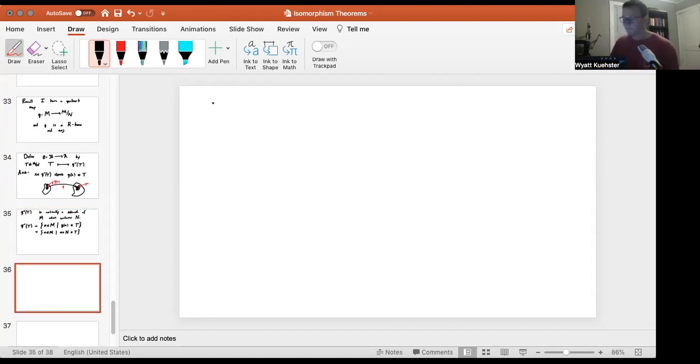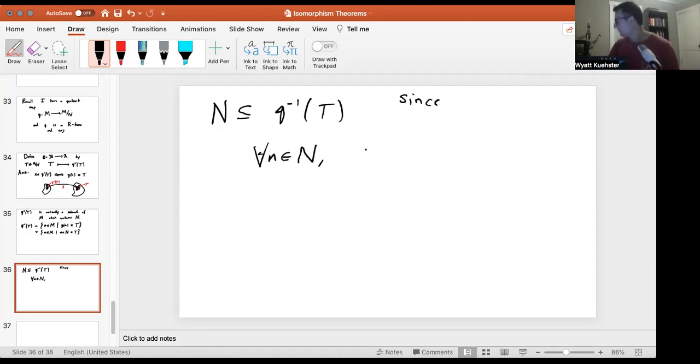So N is contained in the pre-image of T, since if I pick any n in N, n plus N, this coset is equal to 0 plus N. And 0 plus N is certainly in T, because T is a submodule. Right, submodules always contain 0.